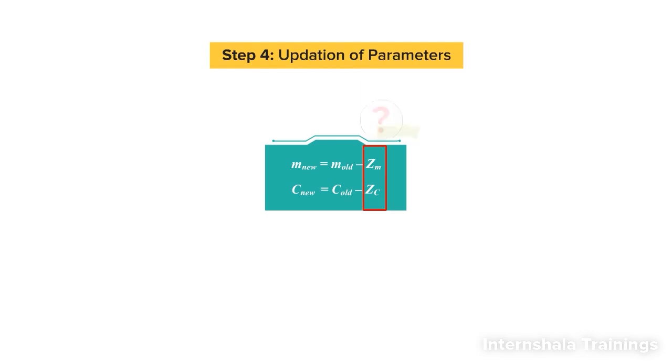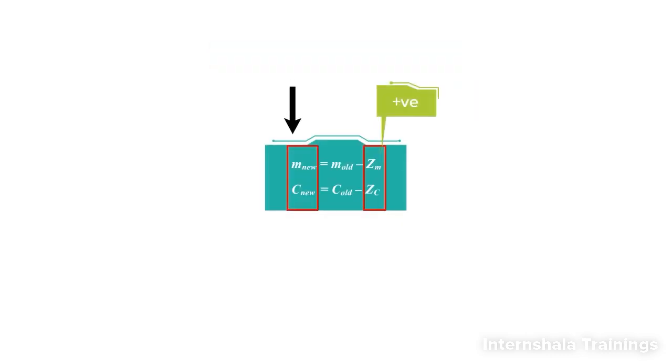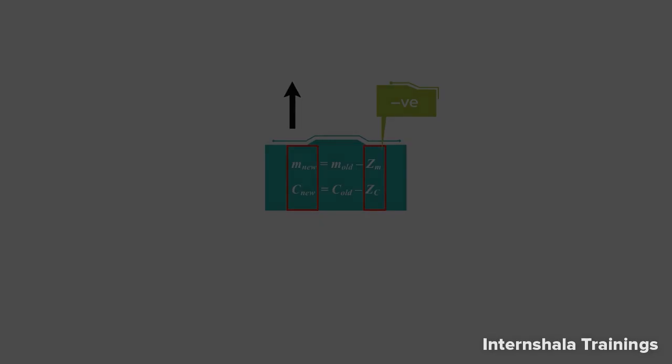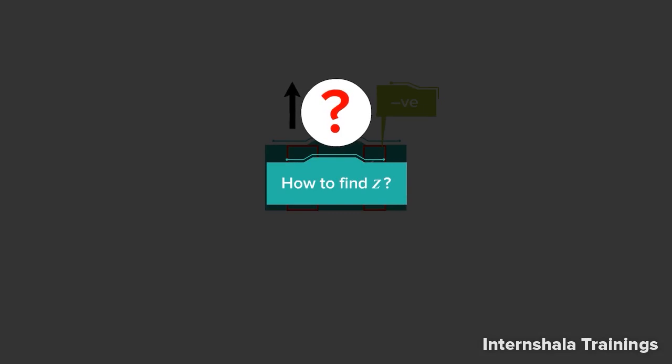But we can tell that z can either be positive or negative, and the sign of z will determine whether the parameter will increase or decrease. If z is positive, the parameter would decrease, and if z is negative, the parameter would increase. Now the question is how to find z.